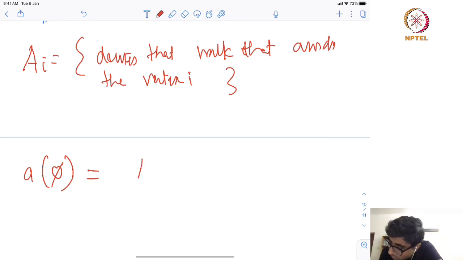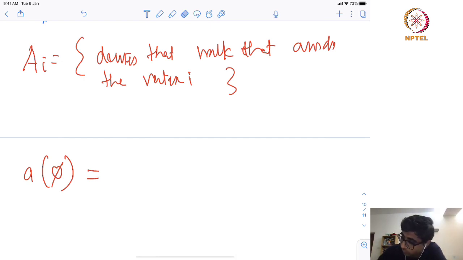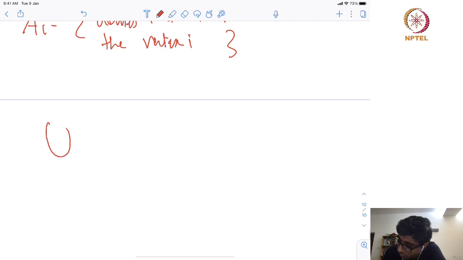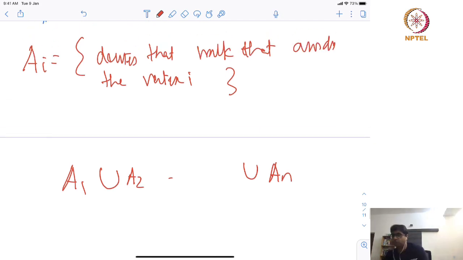Let's ask ourselves first, what is the union of the A_i? A1 union A2. A1 is the set of walks that avoids vertex 1, A2 is the set of walks that avoids vertex 2, and so on and so forth.